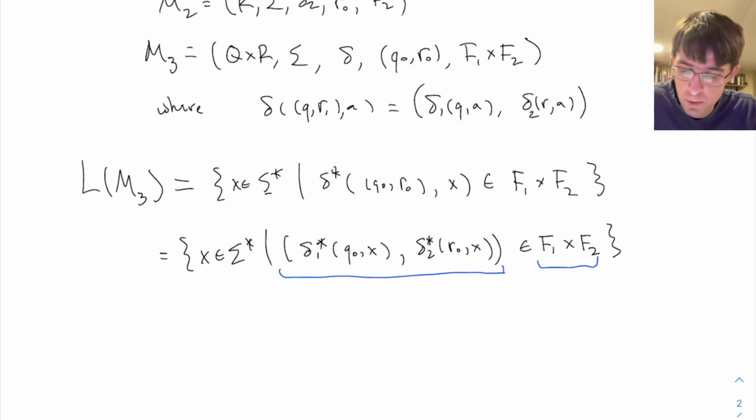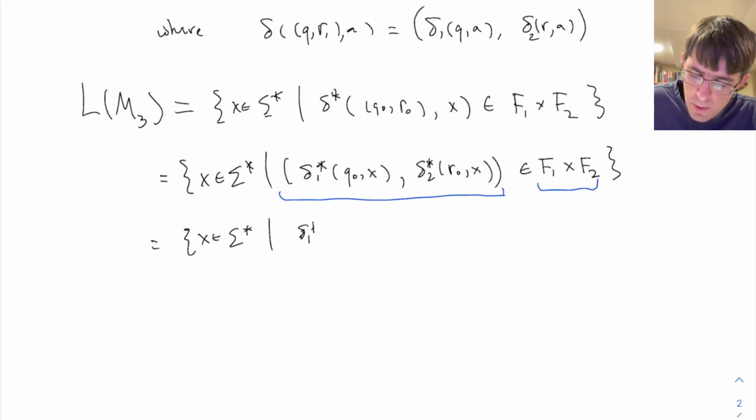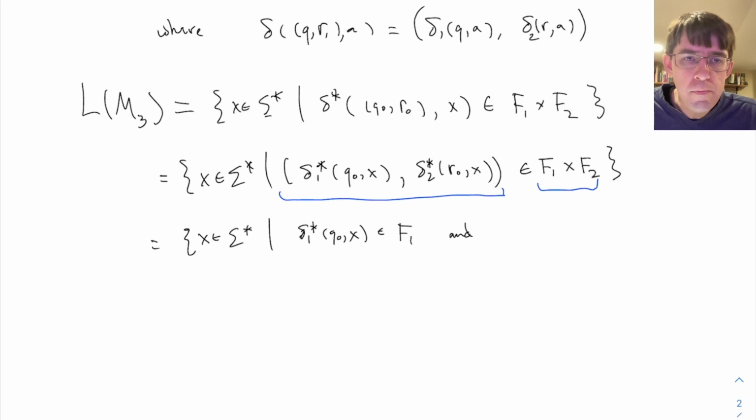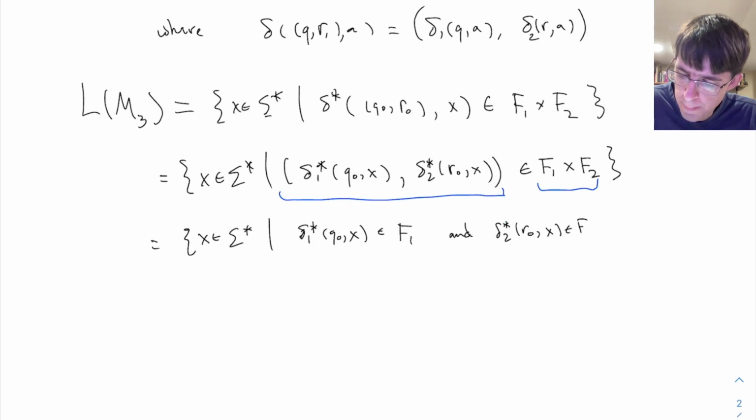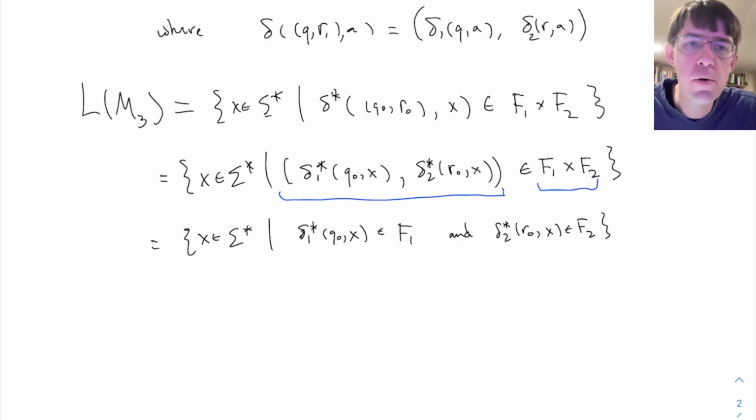That's what I'm going to write. Next part. The first part of the pair is in F1, so that says delta 1 star (Q0, x) is in F1, and the second part is in F2. Delta 2 star (R0, x) is in F2. All right.